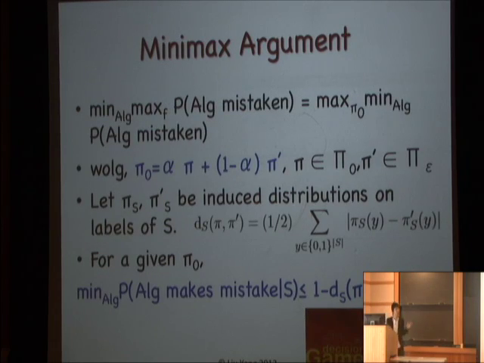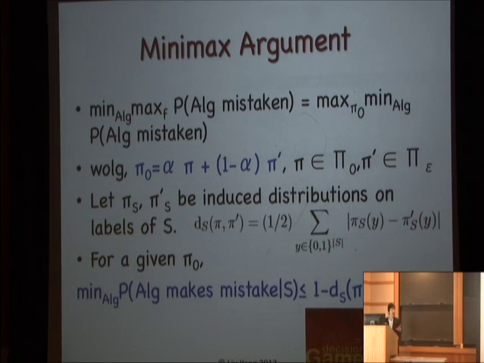So the actual sequence of events in a testing problem is that we pick an algorithm, and then we imagine the adversary picks a target function, and then the data is drawn at random. However, for the purpose of analyzing the optimal probability of making a mistake, we can switch the order of events.